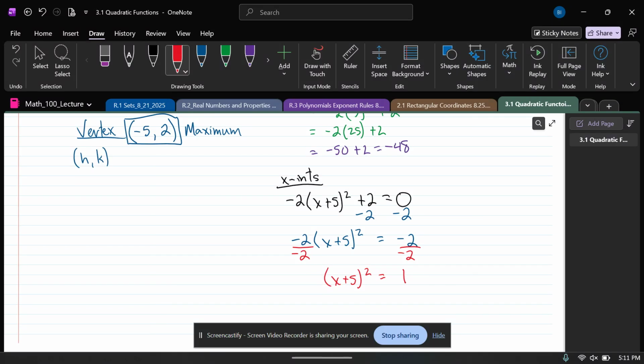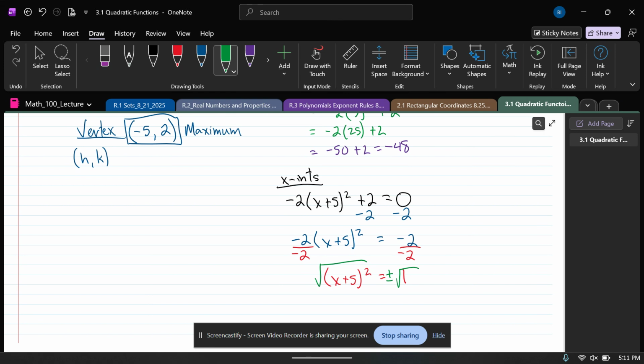Okay. Now that gets my parentheses that's squared by itself. And this is where the square root comes in. So we want to get rid of that squared so that we get the x plus 5 by itself. To get rid of a squared, we're going to take the square root of both sides. On the number side there, I'm going to put plus or minus. Because what squared is positive 1? It could be positive 1 times positive 1, but it also could be negative 1 times negative 1.